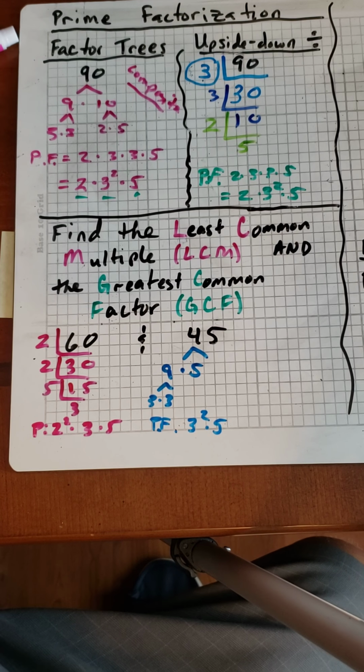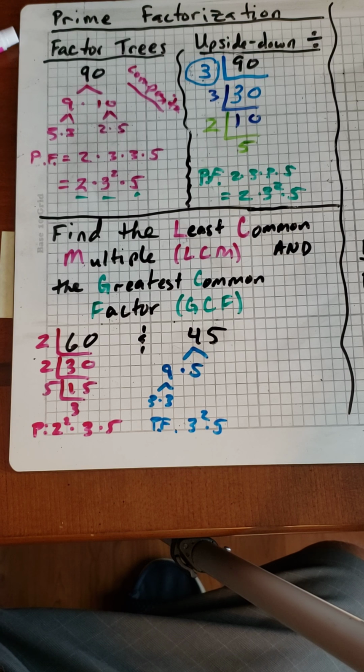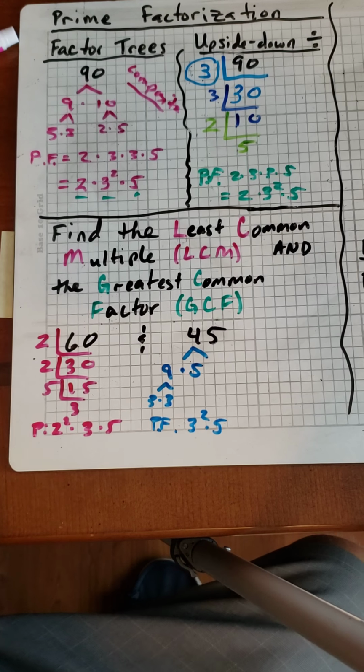Okay? So now, for the LCM and the GCF, all right, let me get a good color here. For the LCM and GCF, I'm going to use this bright green.